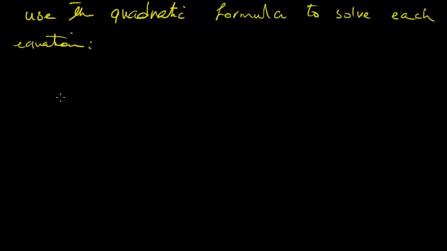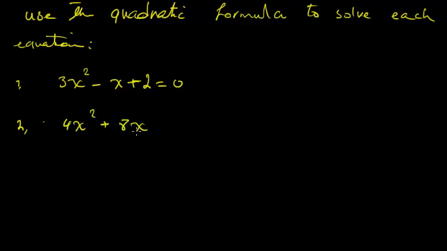So let's say we have 3x squared minus x plus 2 equals 0, and 4x squared plus 8x minus 5 equals 0. x to the second power minus x plus 1 equals 0.